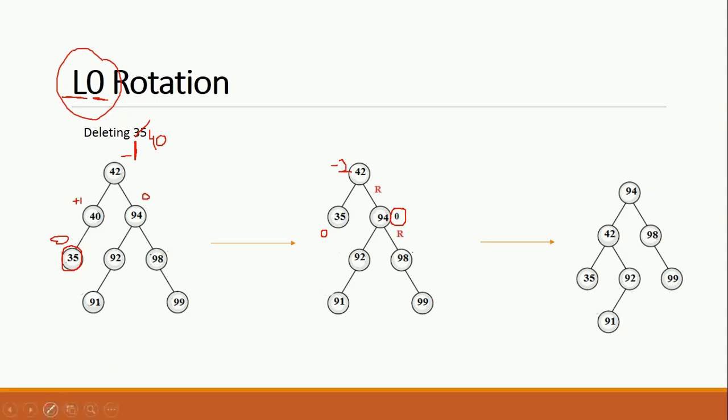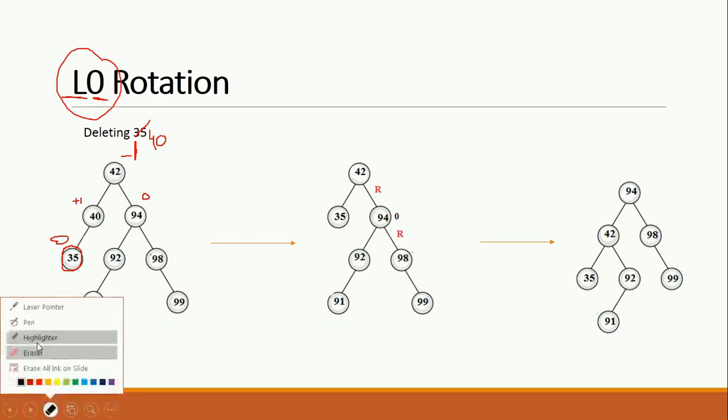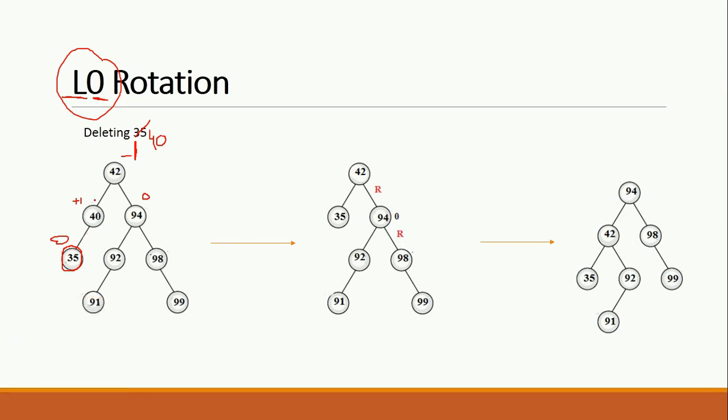Let me do it once again for better clarity. I have deleted 40, 40 has one child, so the grandparent 42 will take care of 35. Now once I have deleted 40, the balance factor is 0 on one side, and it is 1 minus 3, that is minus 2. Find the right child or the right descendant.